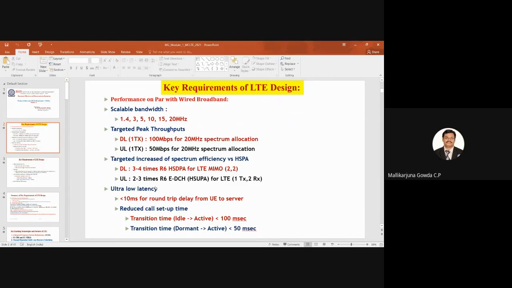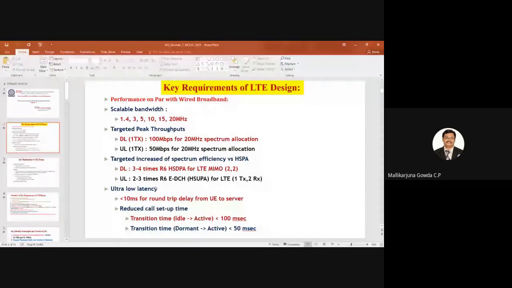For this LTE design, the targeted peak throughput is 100 Mbps for downlink when the spectrum is 20 megahertz, and 50 Mbps for uplink for the 20 megahertz spectrum.